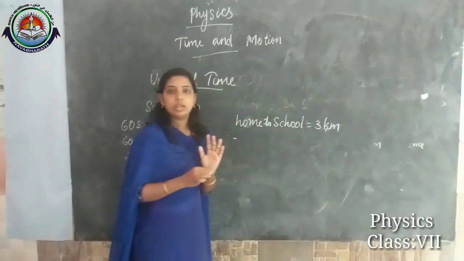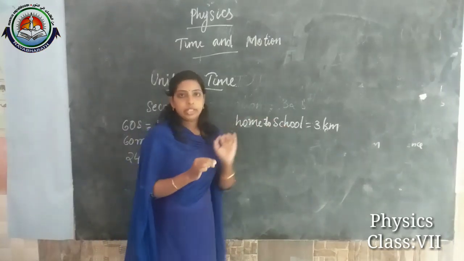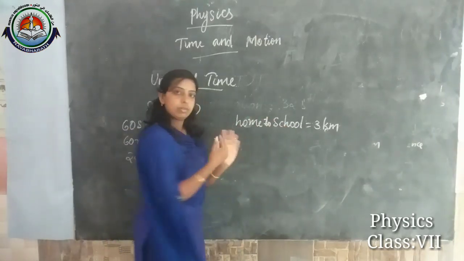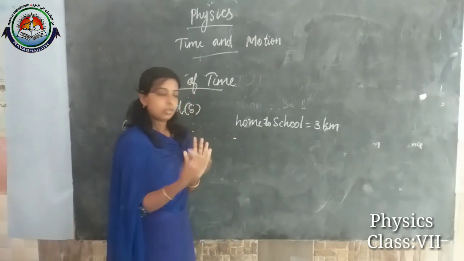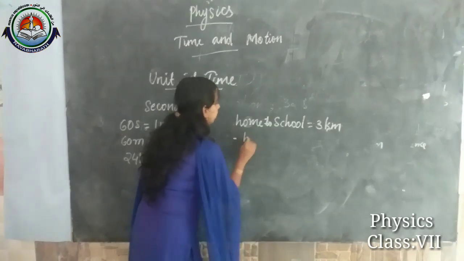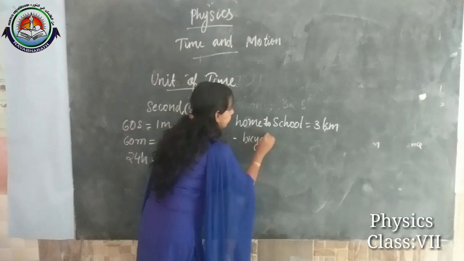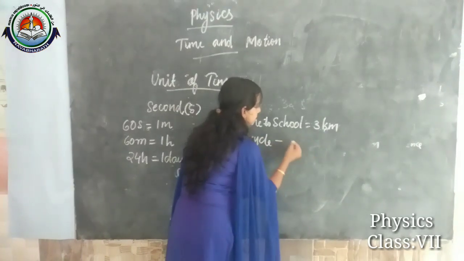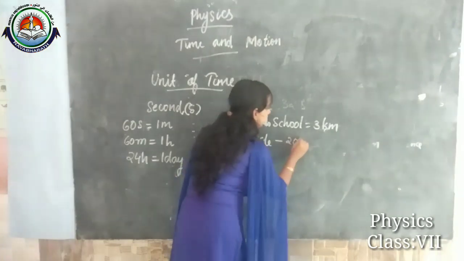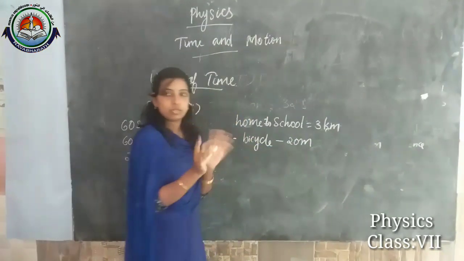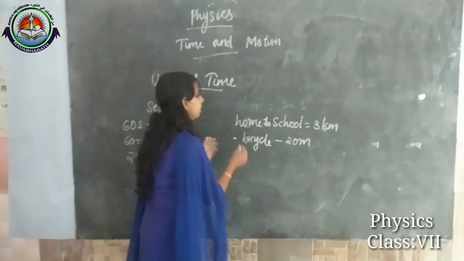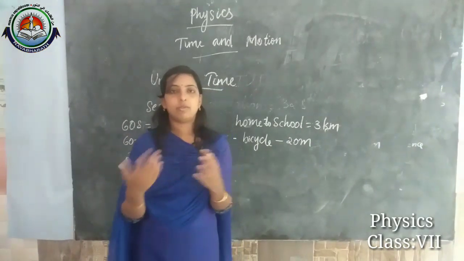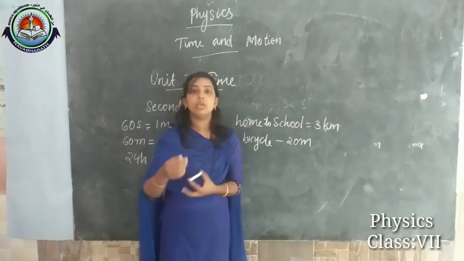Usually you come to school by bicycle, and that takes almost 15 or 20 minutes; we can consider 20 minutes, just as an example. Then one day, because of your exam or some other reason, you have to reach school early.